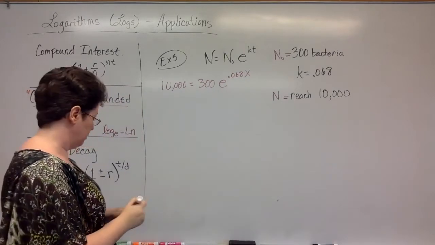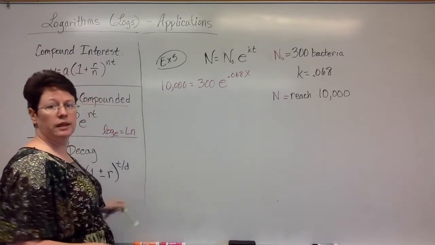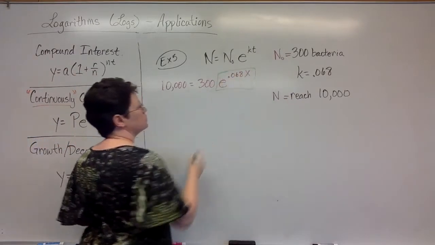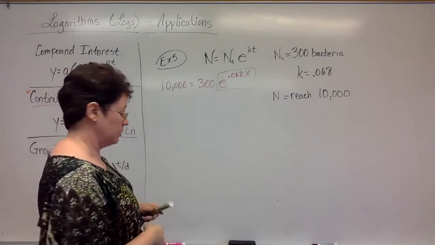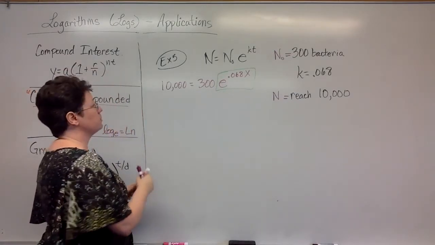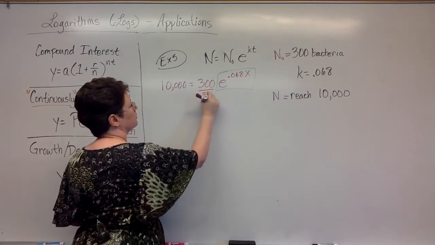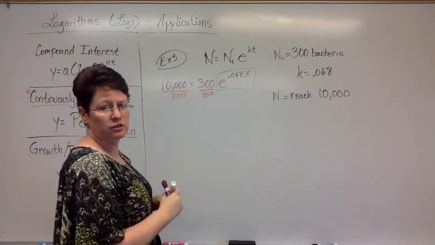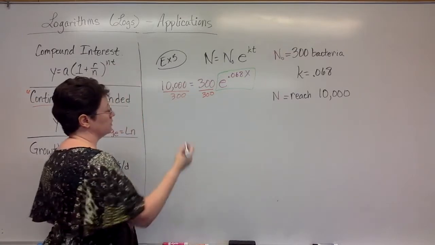Okay, what do we do now? Yeah, we got to get the exponent part by itself, which means we get rid of the 300. Divide both sides by 300. So I'm going to keep it as a fraction. I know you don't like it, but I do.